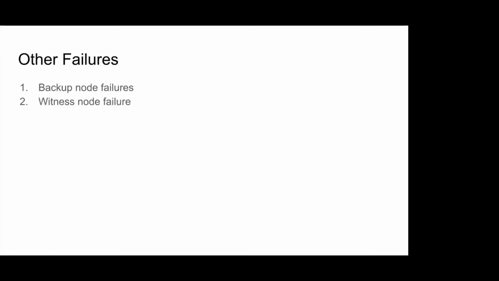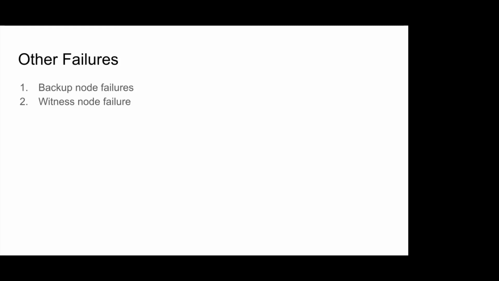The other failures that they talk about, but not a lot, which we can discuss in the discussion, are backup failure and witness failures. According to them, witness failures are not very critical because the system can make progress even if the witness fails, but it's better to restore the witness in case of failure, so that the standard levels of fault tolerance can be maintained.